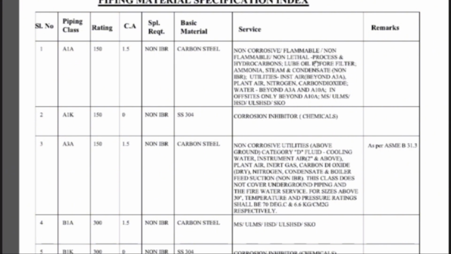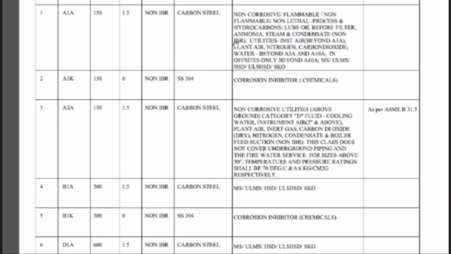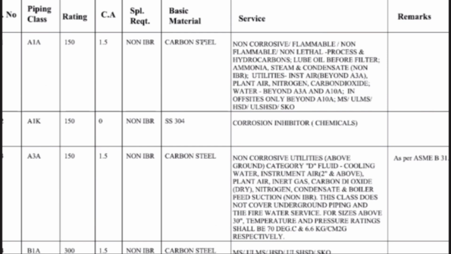Okay. So if you see here, the carbon steel material is used for the very basic fluids like the steam and condensate, utility lines like plant air, nitrogen, non-lethal process, which are the non-corrosive fluids.